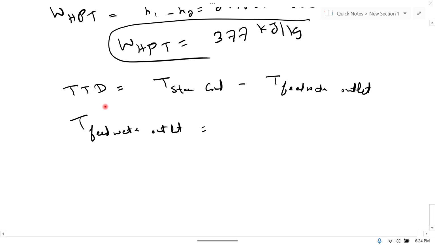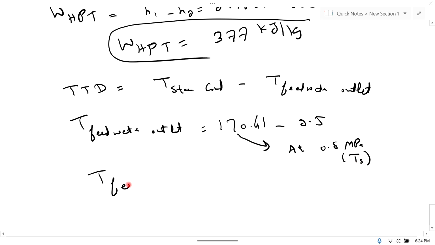Temperature of steam condensing is 170.41 minus TTD, which is given to us as 2.5, and you can find this temperature from 0.8 megapascal. This is the saturation temperature, given in the steam table. So temperature of feedwater outlet will be equal to 167.91 degrees centigrade.